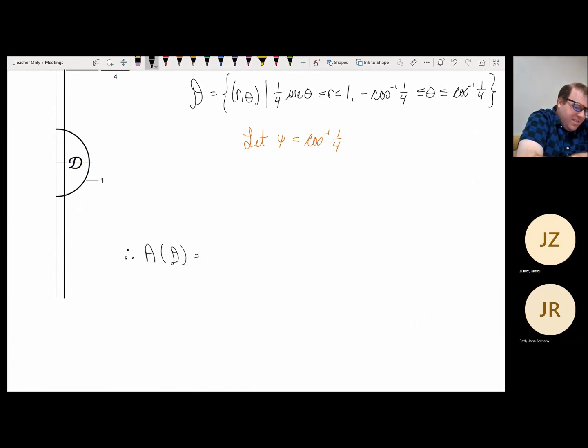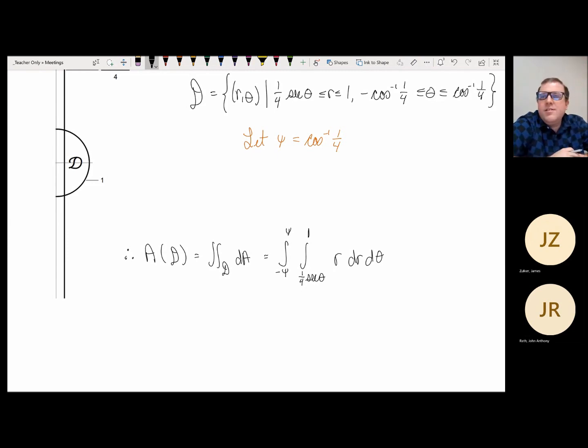We're again looking for area. So it's the double integral over the region of the area differential. And then dA becomes r dr d theta.